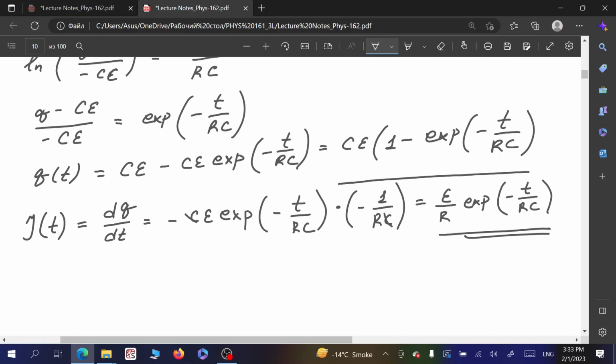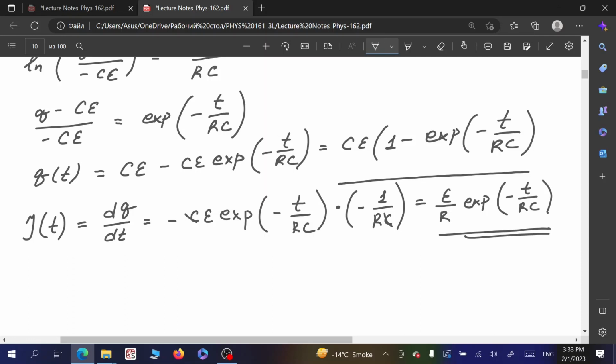Exponential function is extremely strong. It will very rapidly decay because electric charge will be accumulated at the plates of the capacitor, and that will result in creation of potential difference between these plates, which will counter the potential difference at the electrodes of the battery with its electromotive force.